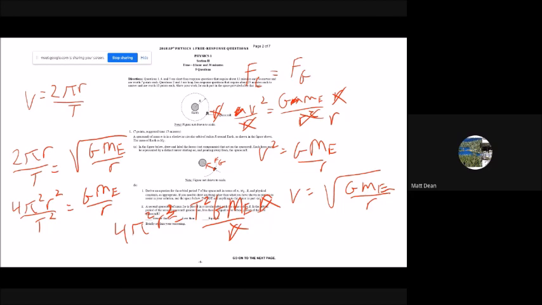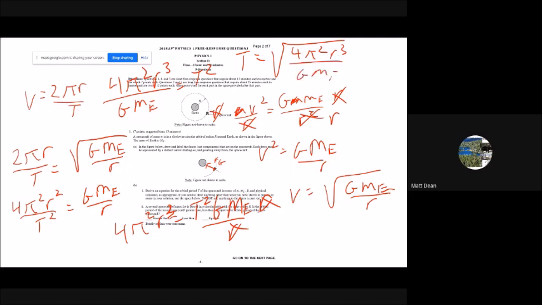I'm running out of space, but I'm going to end up with 4 pi squared r cubed over G M_E equals T squared. I need to take the square root of both sides, and what I end up with is this: T equals the square root of 4 pi squared r cubed over G M_E. So it takes a while to get there, but you would want to make sure you show all that work, derive it down, get your equation.